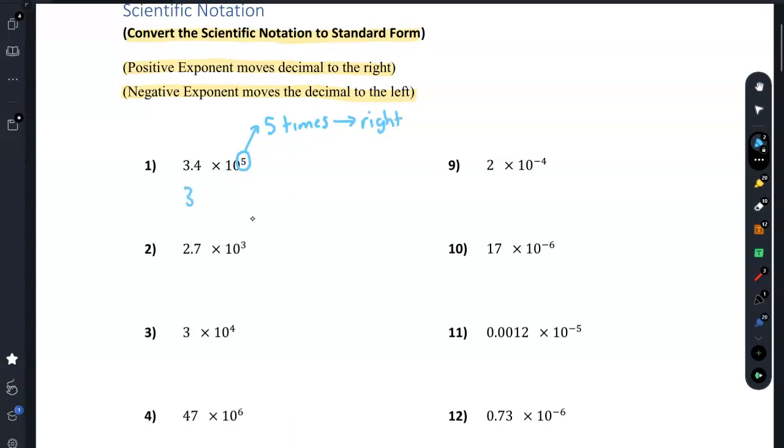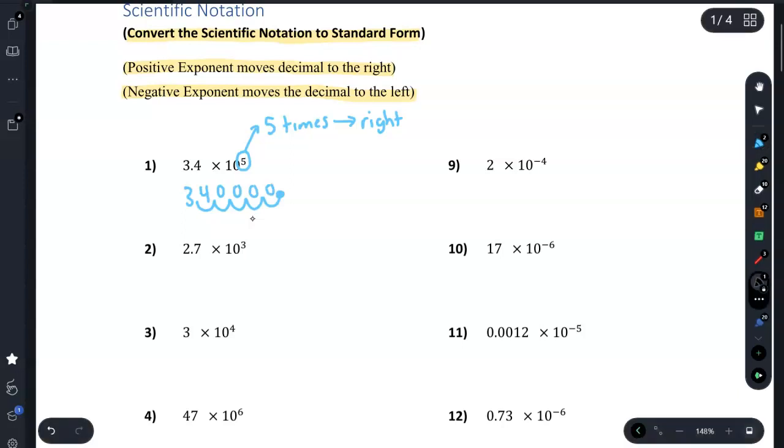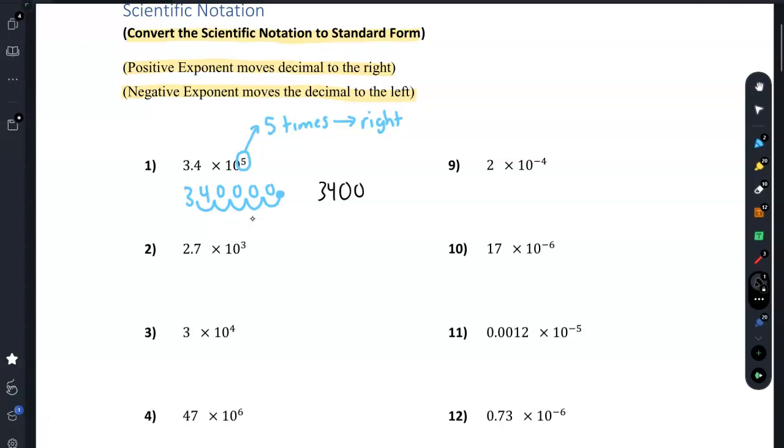So I start with 3.4, and I want to count 1, 2, 3, 4, 5. I'm going to move that decimal to here, and I need to go back and add zeros in for each one of those. So my solution for this one would be 3, 4, with 1, 2, 3, 4 zeros. And if I put a comma to separate the thousands place, I have 340,000.